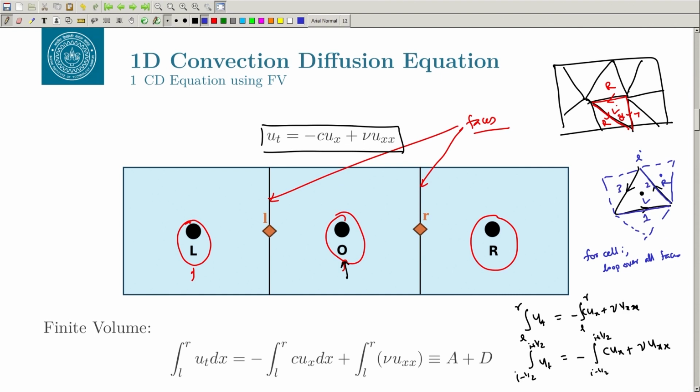Loop over all faces and calculate the integrals, then sum that up and finally calculate the final residual, which is the summation of the residuals over all the 3 faces. The other approach that we use in finite volume is looping over faces. So this was looping over cells.